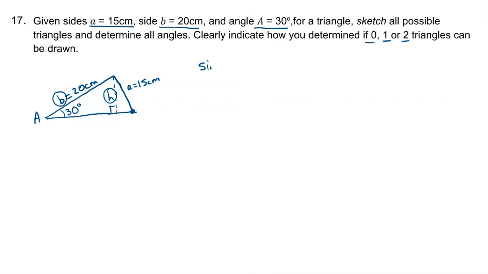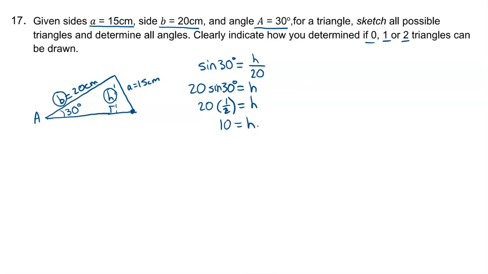So sine of 30 degrees is equal to the opposite side of that right triangle, which is h, over B, which is 20. And so h equals 20 times sine of 30. Well, sine of 30 is 1/2, and so this ends up being 20 times 1/2, which is exactly 10.